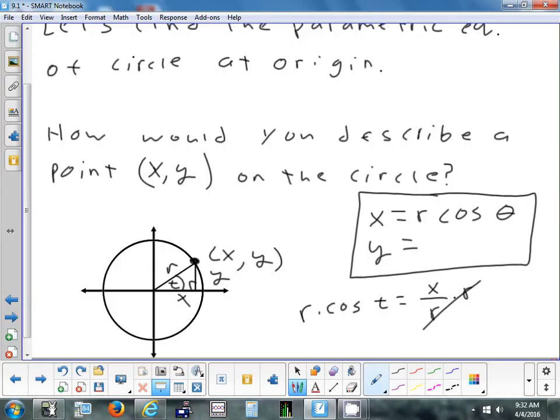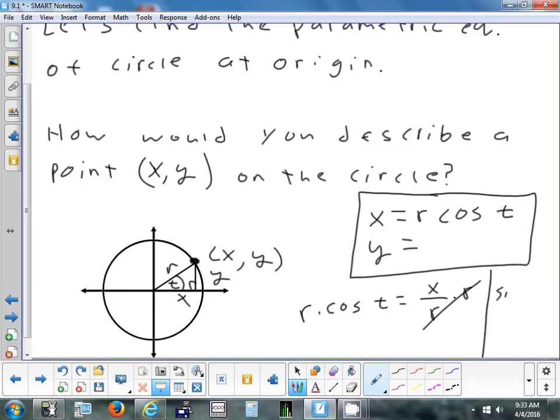All right. What trig function would involve opposite over hypotenuse? Oh, I'm sorry, t. Thank you, Ubi. I get used to writing theta all the time for the angle. We're using t. So yeah, what trig function involves opposite over hypotenuse?